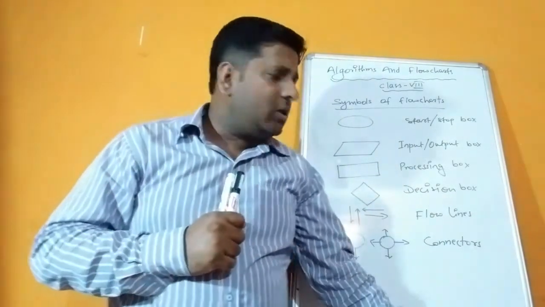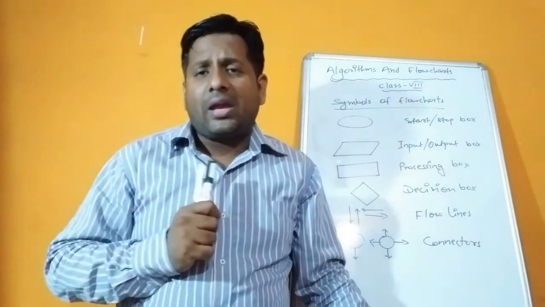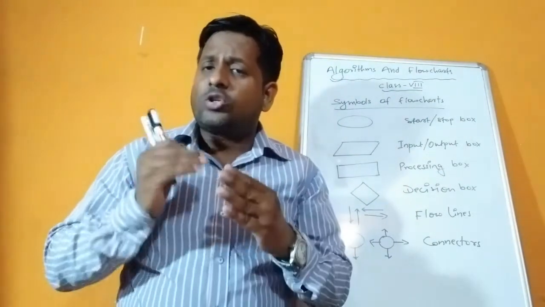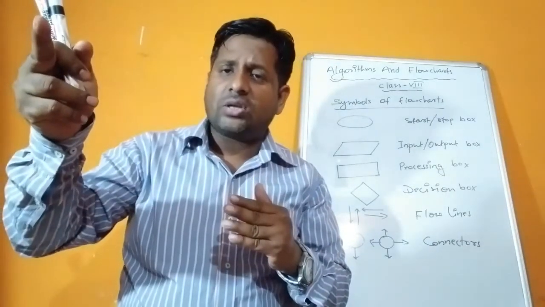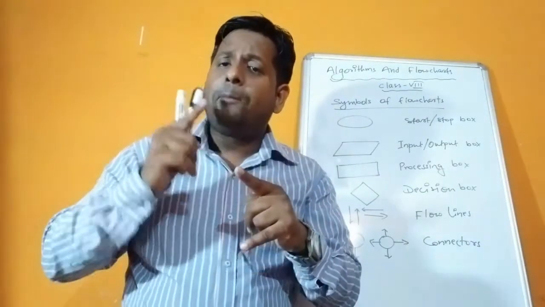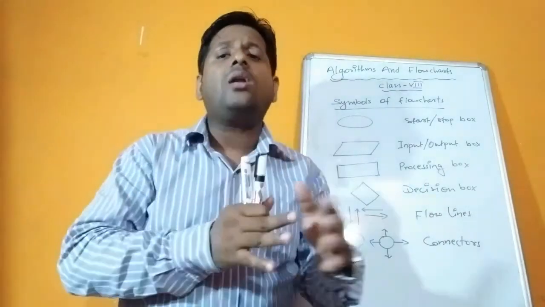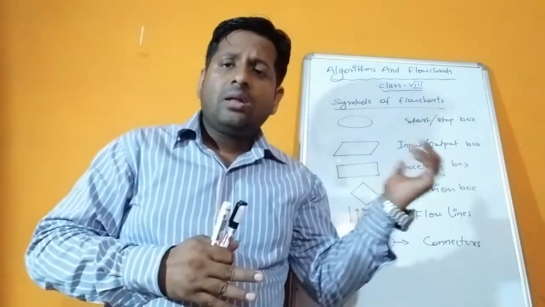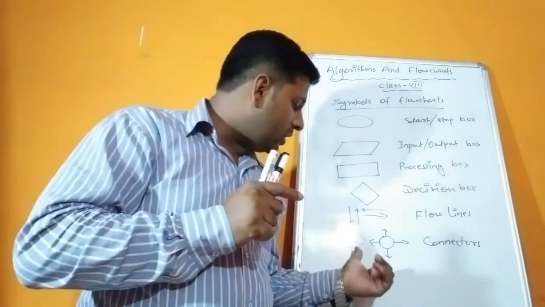Below that, you can see flow lines. Flow lines are lines with an arrowhead. This means your data or instructions are flowing from this direction to that direction. The arrowhead points out in which direction our data or information is moving. And the last one you can see is the circle shape with an arrow.